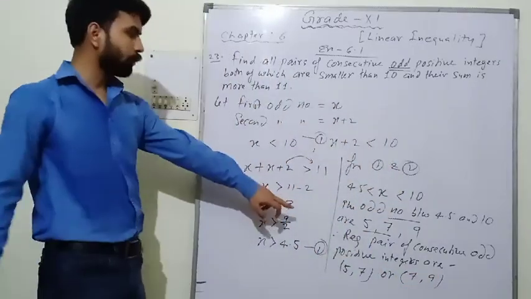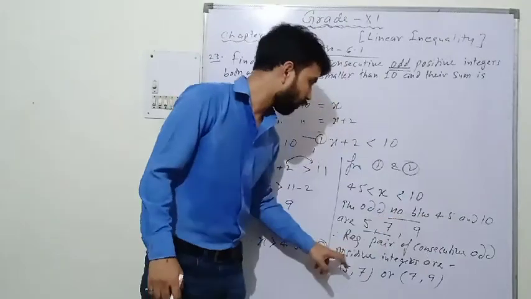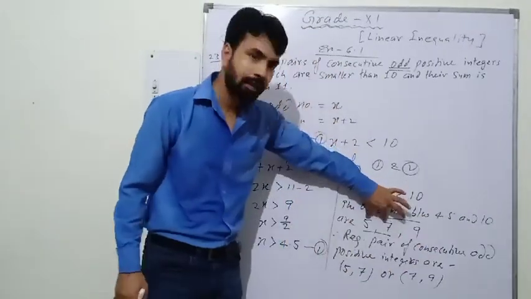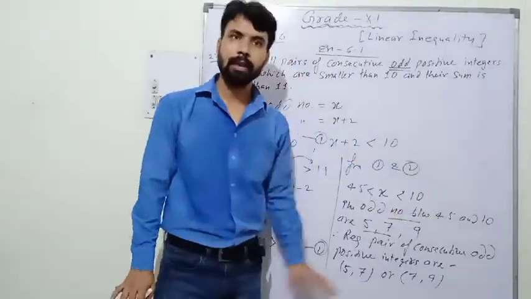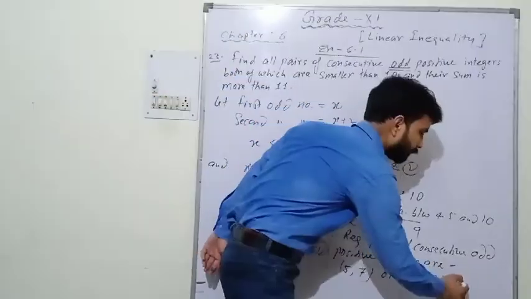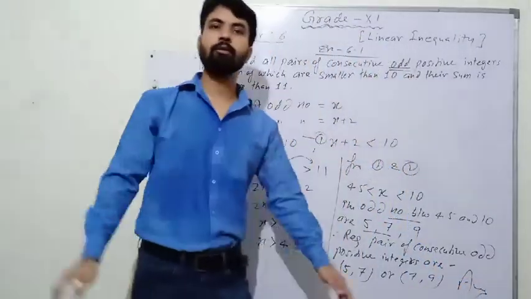So the required pair of consecutive odd positive integers are either 5 and 7 or 7 and 9. This is our final answer. Hope it is clear to everyone.